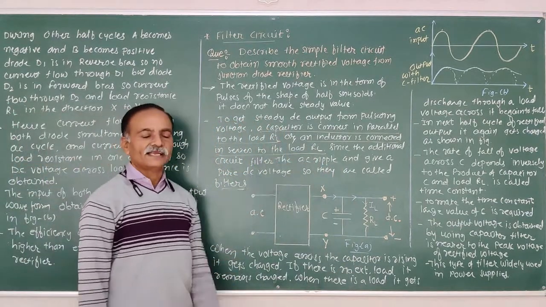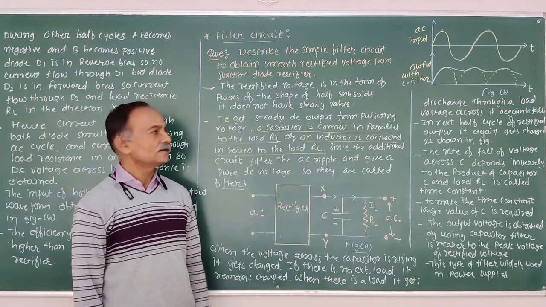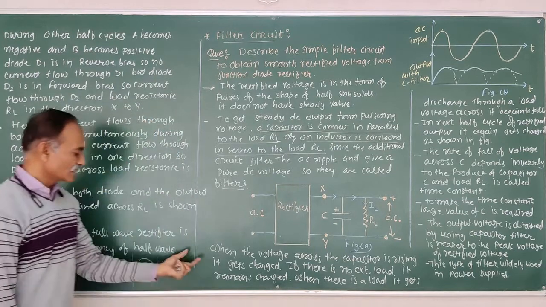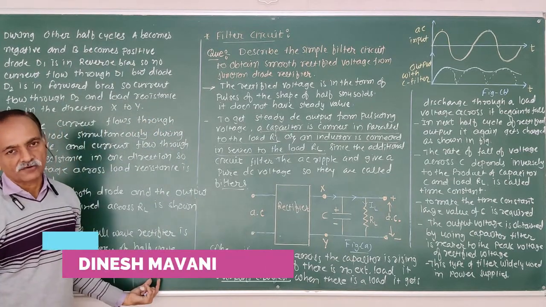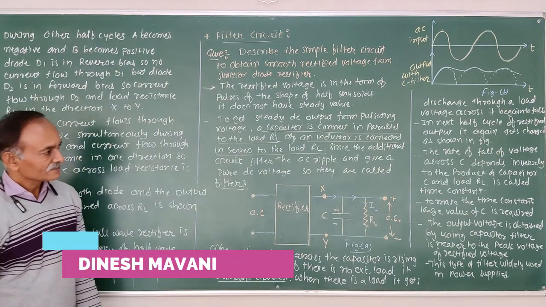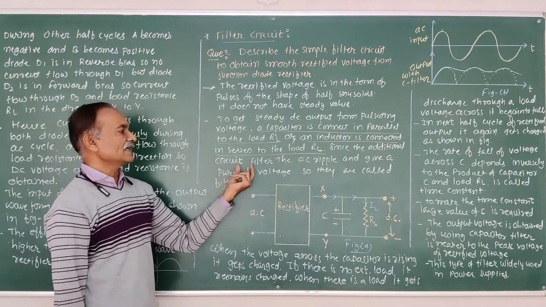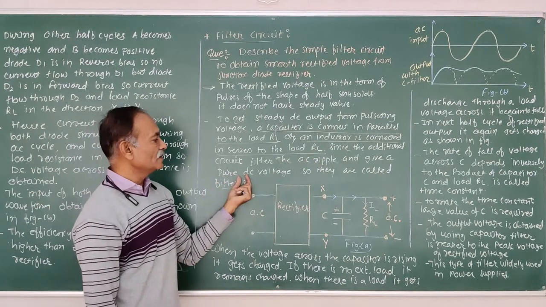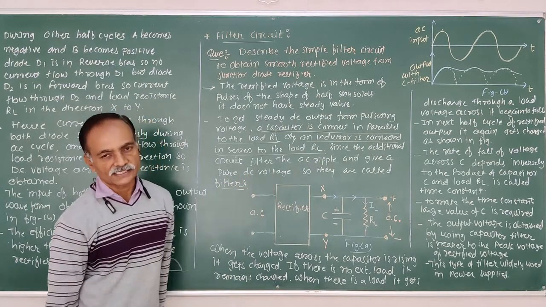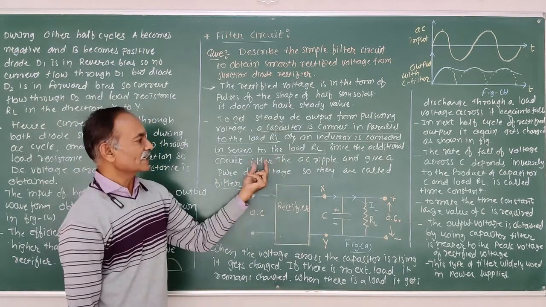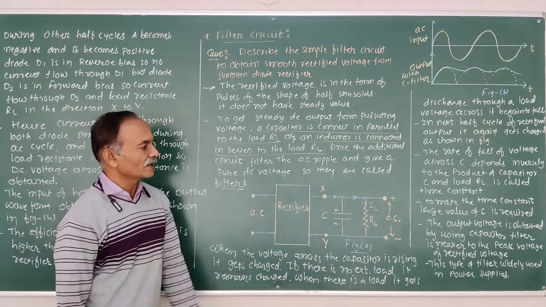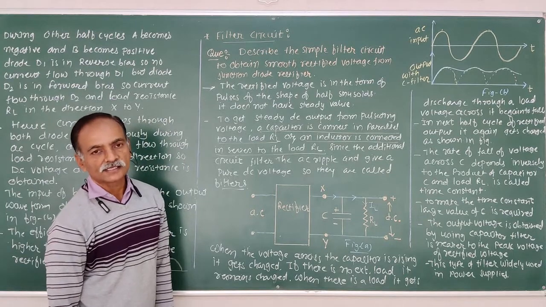Generally, the capacitor and inductor are used to obtain the pure DC output from this type of rectified output. So this additional circuit filters the AC ripple and gives a pure DC voltage. So they are called the filters.